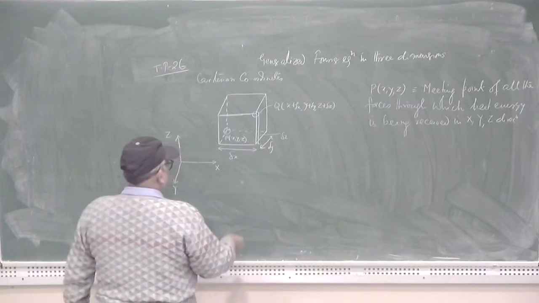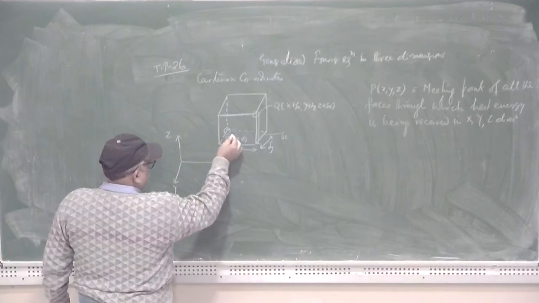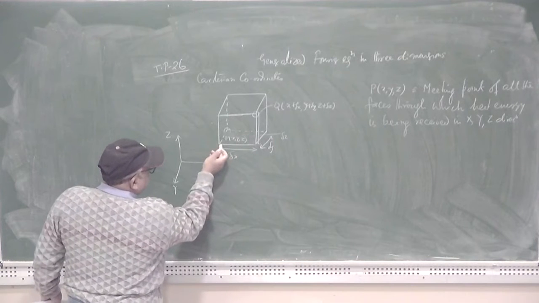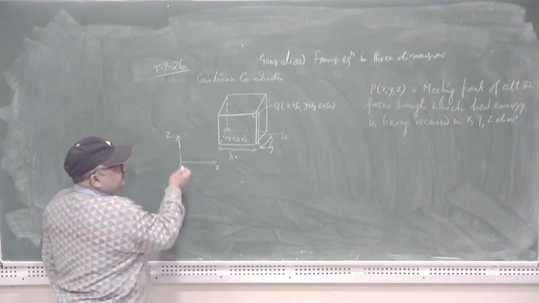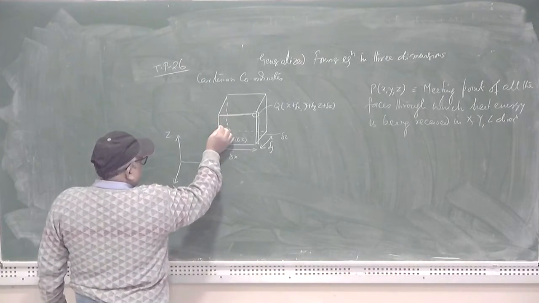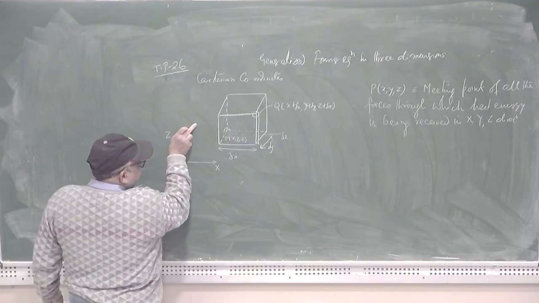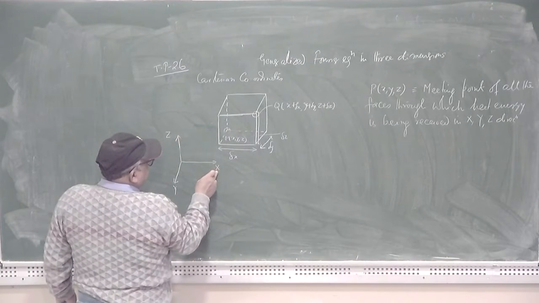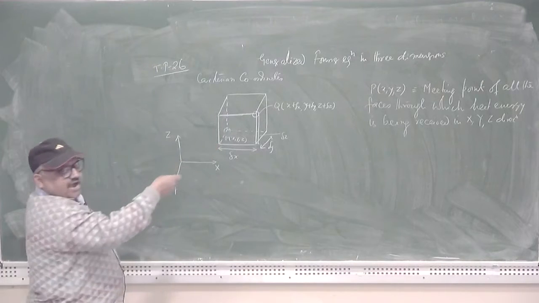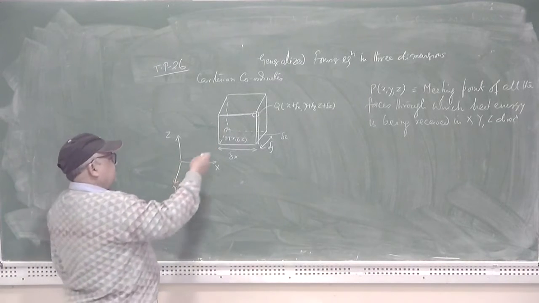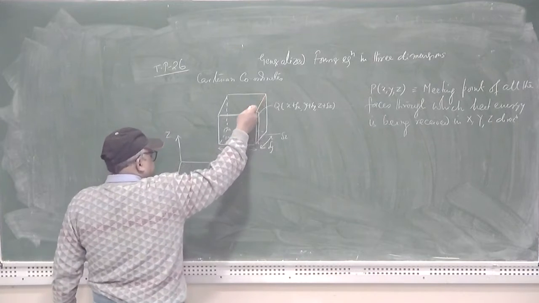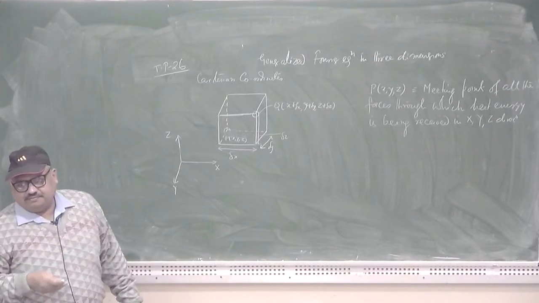Visualize: this is the surface through which heat energy enters the volume element. This is the surface through which heat energy is being received by this volume element along the x-axis, and this is the surface behind the plane of the blackboard. This is the surface through which heat energy is released.